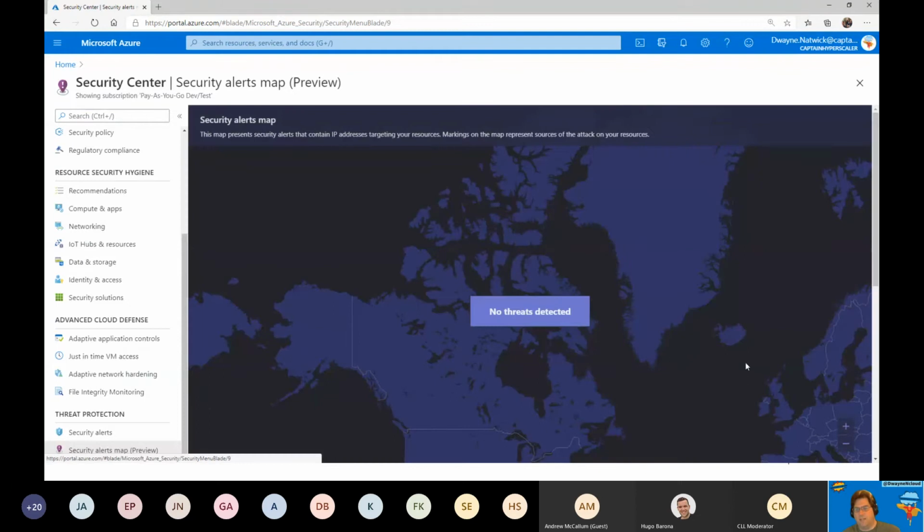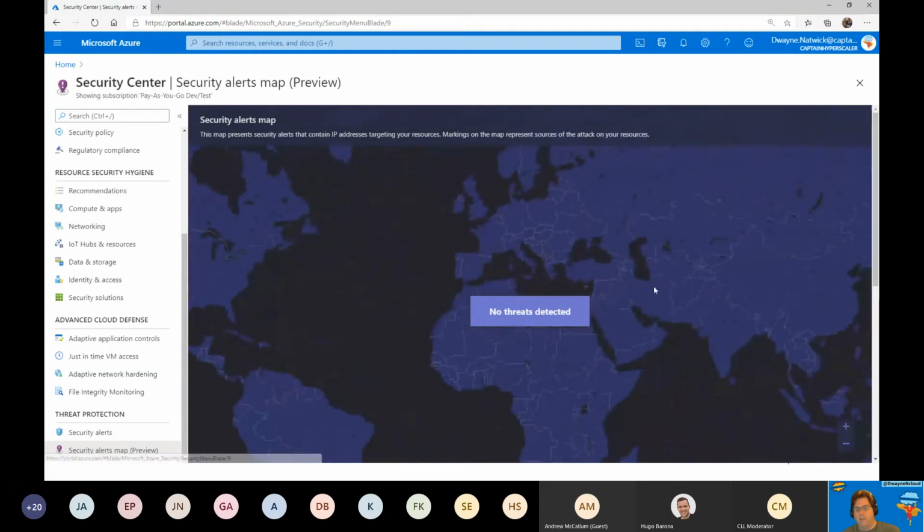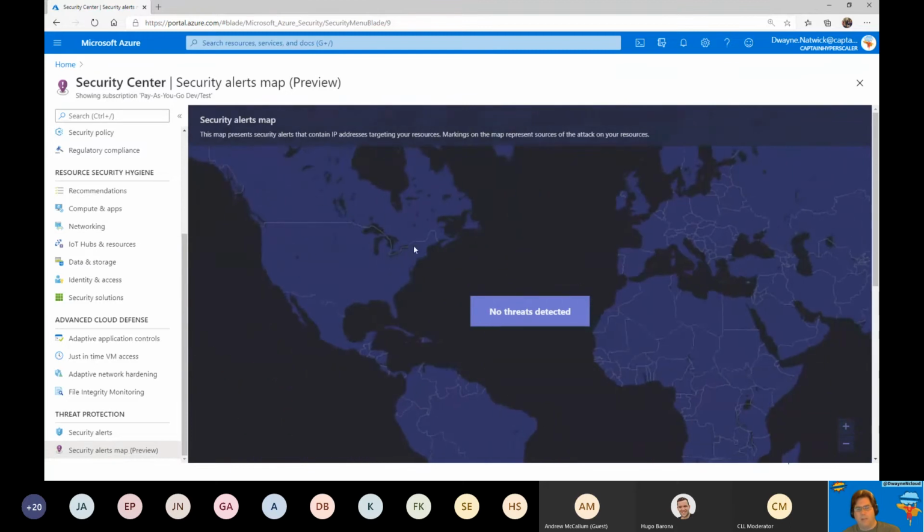If there were any threats detected to my environment on a national basis, it would map this on here, and you can scroll around, and it'll put potentially a map on the country. While you're investigating, you could block that IP address temporarily so that it doesn't create an attack on your network.